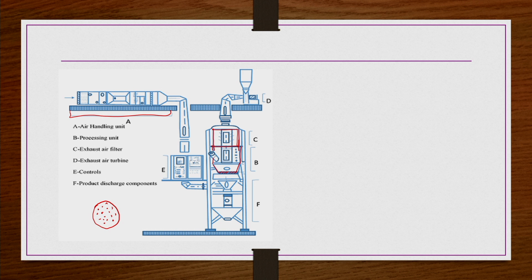They should be much smaller than the size of the fine particles that we are using. Otherwise, particles may come down through these holes if the fluidizing air velocity or fluidizing medium velocity is not sufficient. So that is the reason it should have very small openings, smaller than the fine particles which are going to be handled.